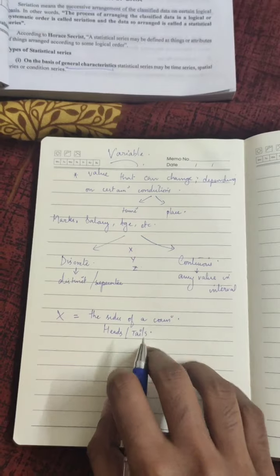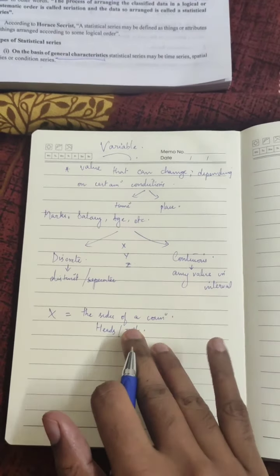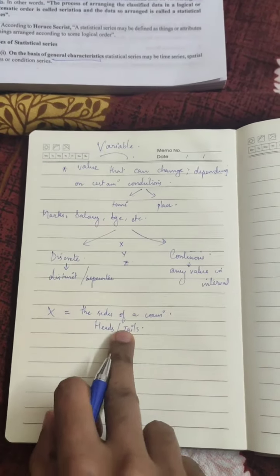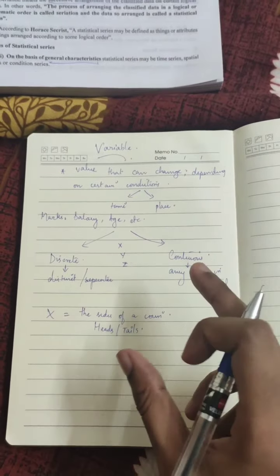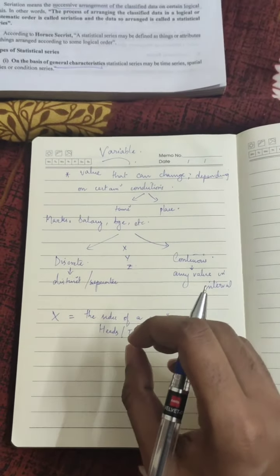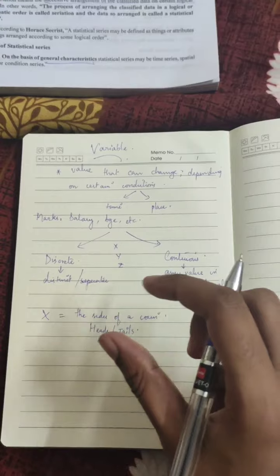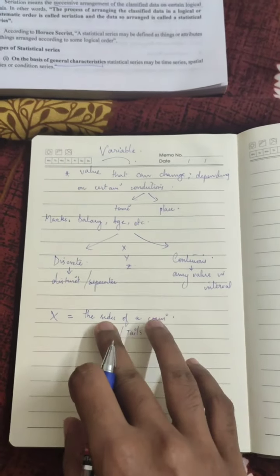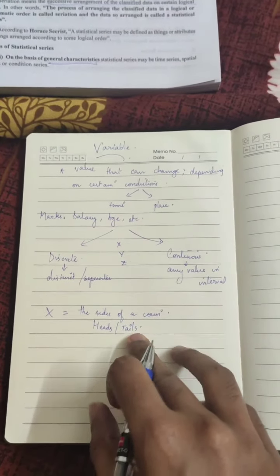This type of variable is a discrete variable because it has a distinct, separate value. It can be either heads or tails.